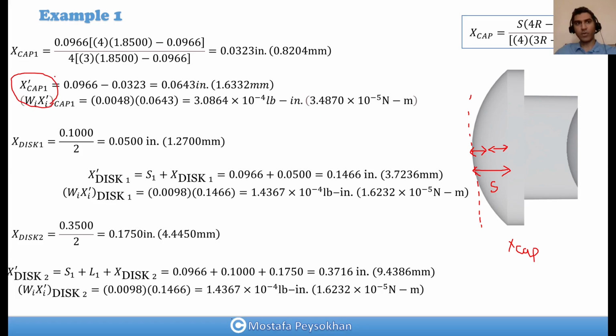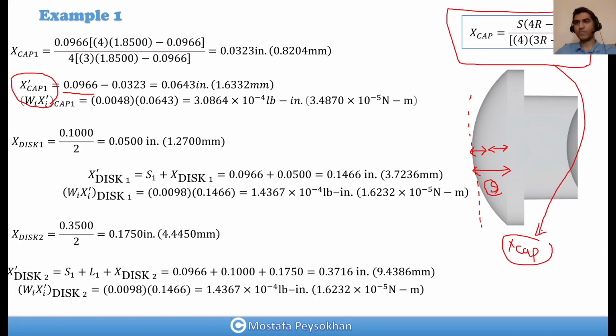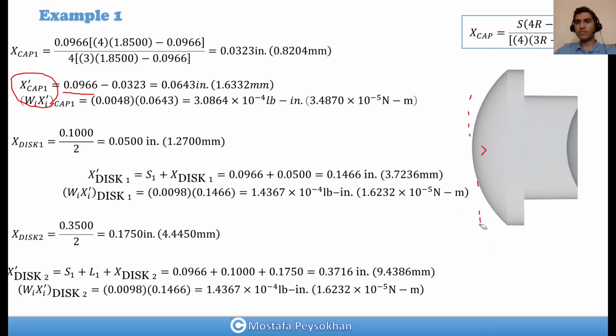So x prime cap 1 is equal to S, which is this value, minus x cap, and this is the equation that we use for x cap. Let me erase everything. By this equation, we can easily calculate x prime cap 1, which is from here to there.